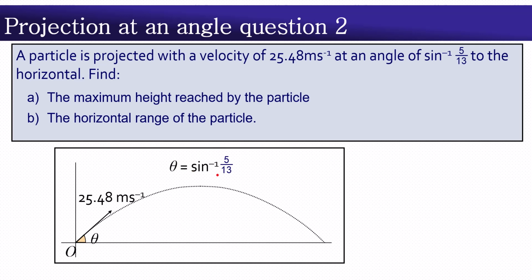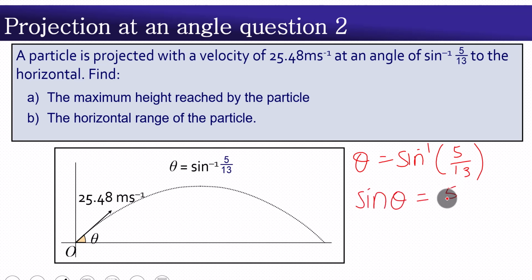So from here, if you have your theta equal to sine inverse of 5 out of 13, you can take sine this side, you will have sine of theta equal to 5 out of 13. So if you have this, you can also get cos of theta, because you know sine of theta is opposite over hypotenuse.